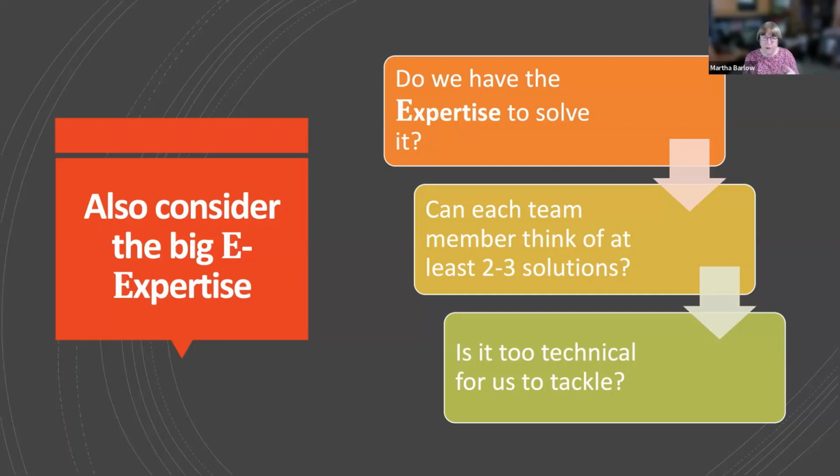So ask yourself, can we actually come up with a lot of ideas here? A quick check is: can each of you in your head right now think of at least 2 or 3 solutions? Because if you can't, then maybe this is too technical for us to tackle and we need to take a little bit different tack.